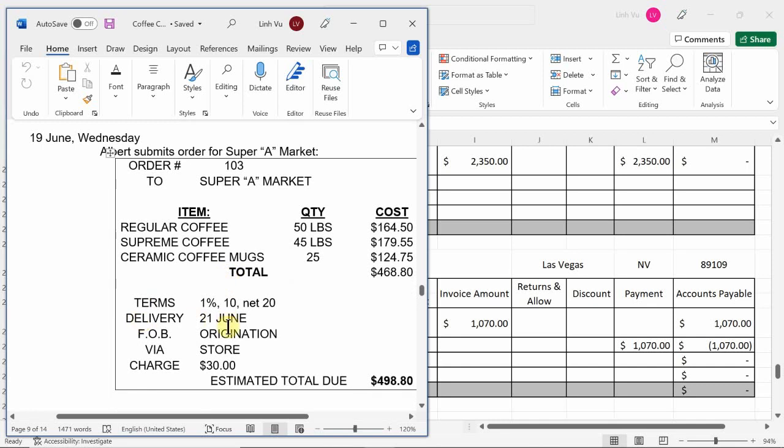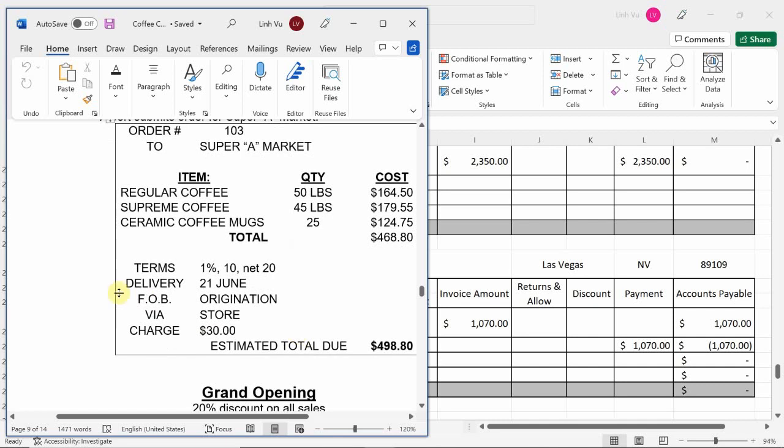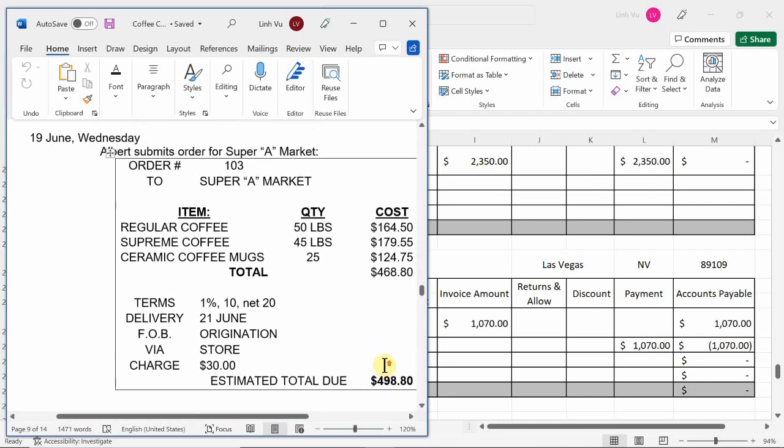June 21st. We're going to deliver to their store. So the estimated amount due is going to be $498.80.